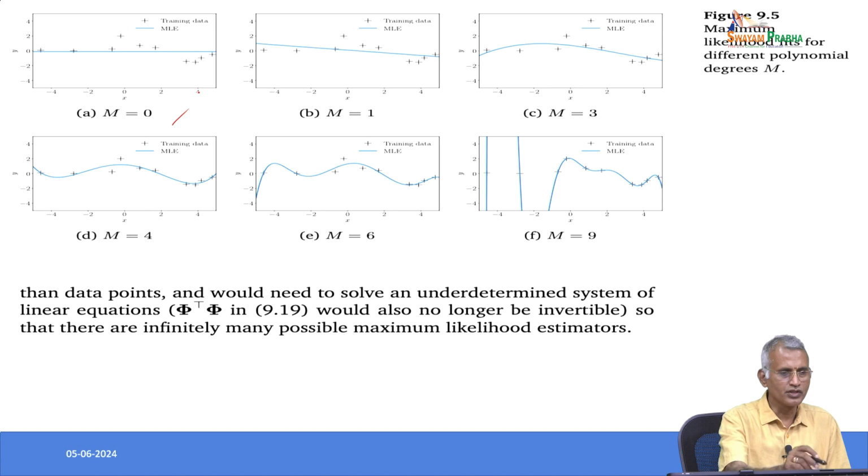So, for m equal to 0, the blue line represents the MLE, maximum likelihood, and the plus signs stand for the training data.